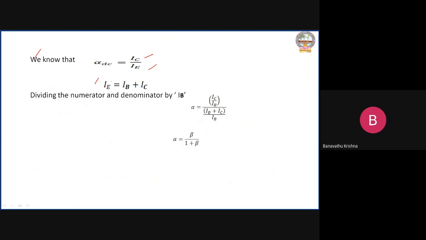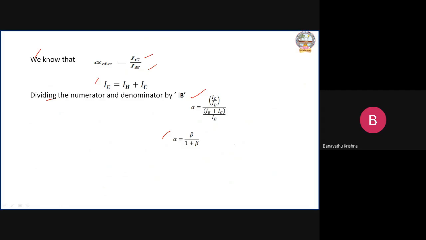You can replace the value of emitter current with IB plus IC, then again dividing the numerator and denominator by IB, we get alpha equals beta by 1 plus beta. So this is the relationship between the amplification factors alpha and beta.